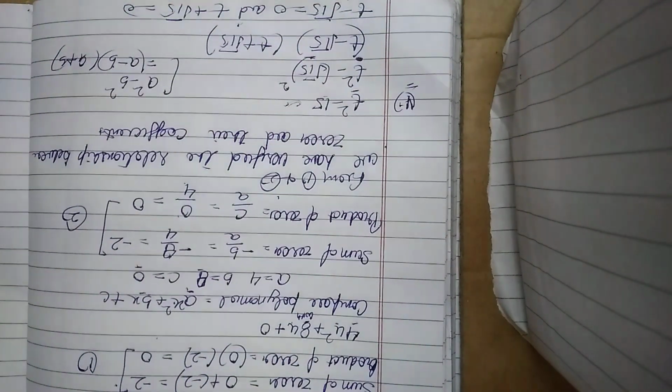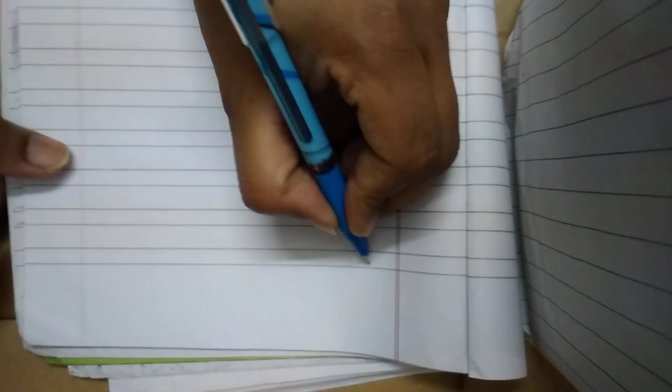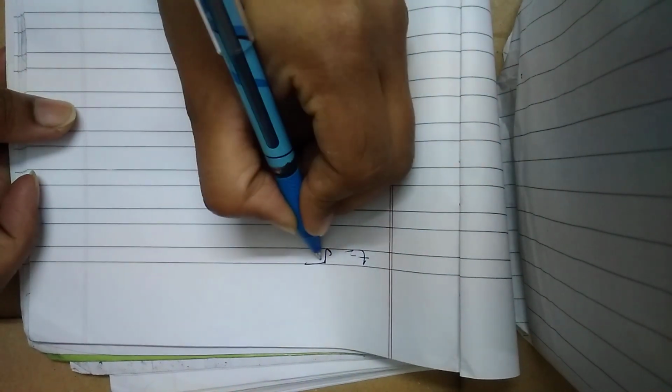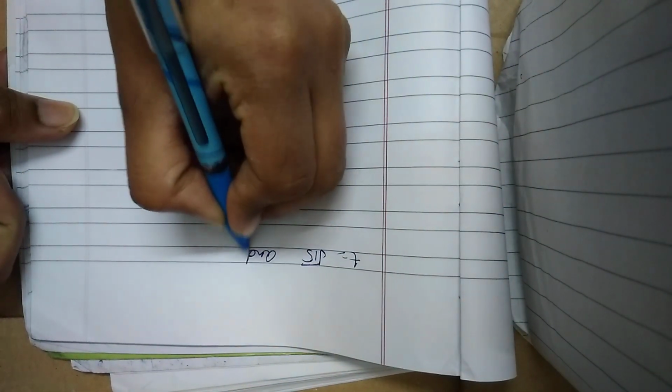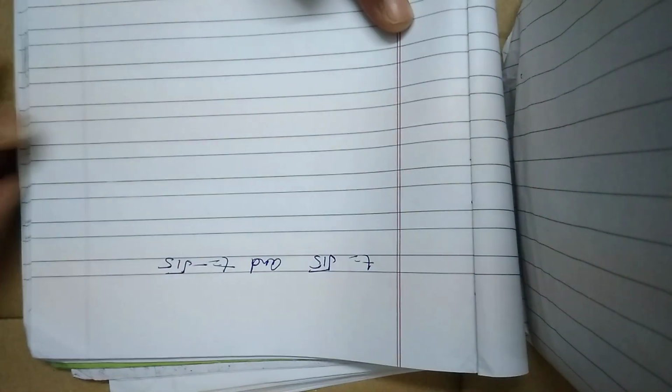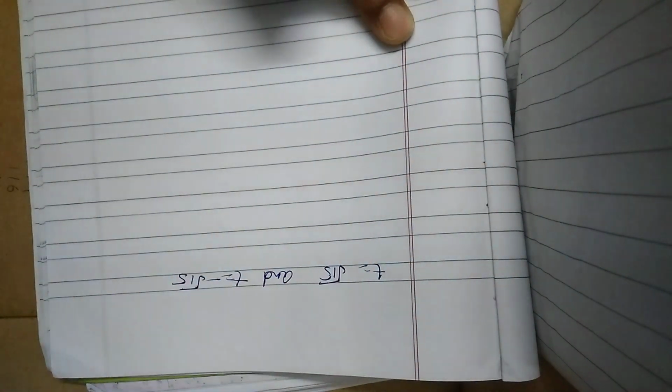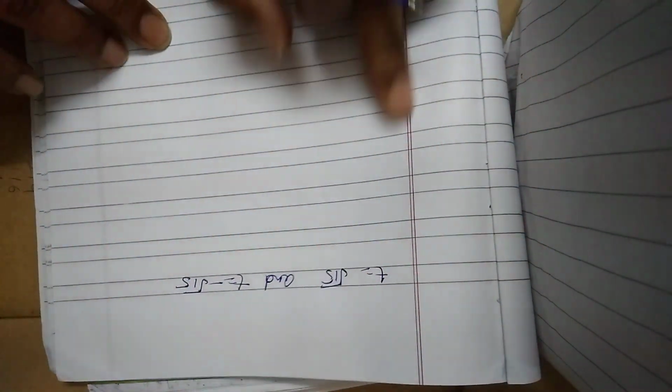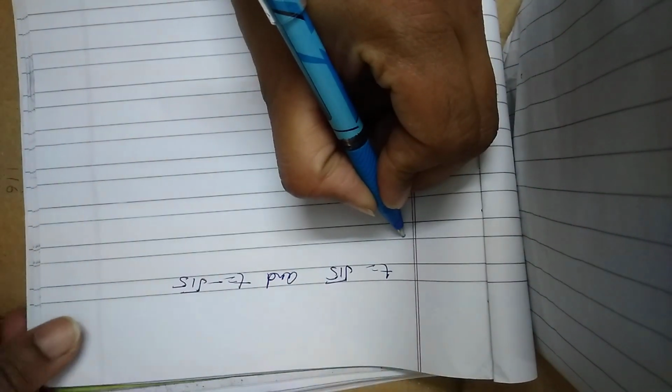So t is equal to plus root 15, t is equal to minus root 15. We get the first zero t is equal to plus root 15. Second zero is t is equal to minus root 15. These are two zeros. Now sum of zeros.